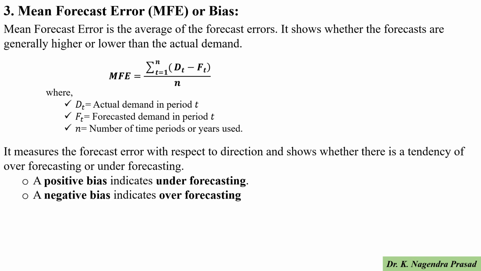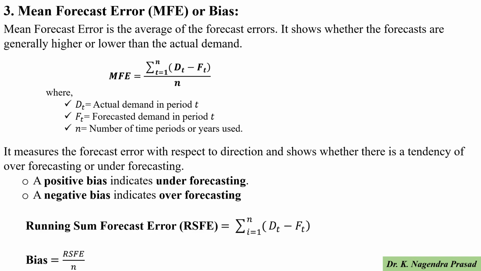So mean forecast error measures the forecast error with respect to direction and shows whether there is a tendency of over forecasting or under forecasting. A positive bias indicates under forecasting and a negative bias indicates over forecasting.